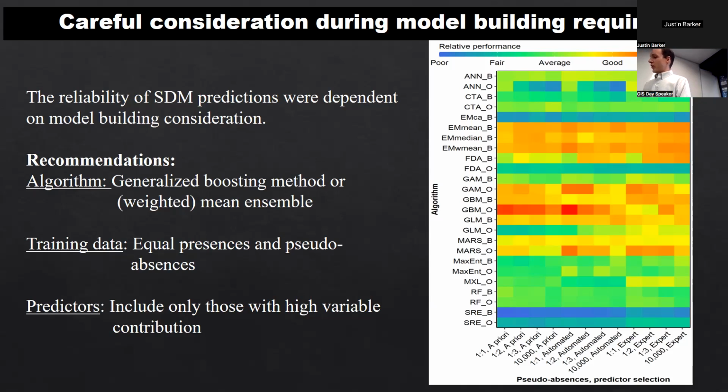So for anyone looking to use species distribution models, it's always important that you test for the given data and the objective to ensure you're reaching an appropriate conclusion. It's also important to note that one of the most popular algorithms, maximum entropy, which is what the CDC used in the model I showed, only provides an average, if not poor, performance overall. So even though it's the most common, it may not always be the best in all situations.